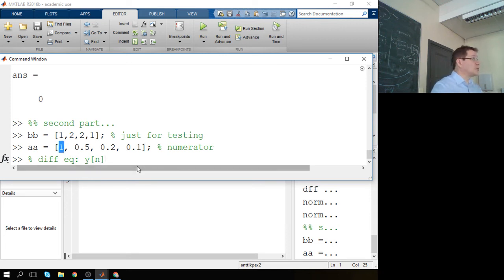So 1 times y of n equals x of n plus 2 times x of n minus 1 plus 2 times x of n minus 2 plus x of n minus 3. So that's the first part.